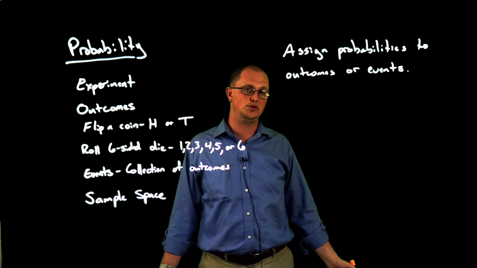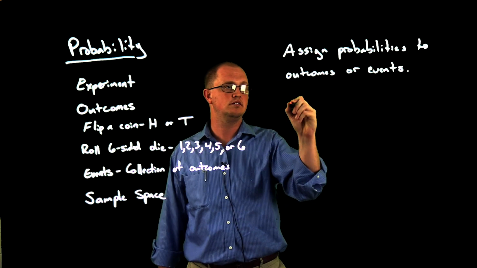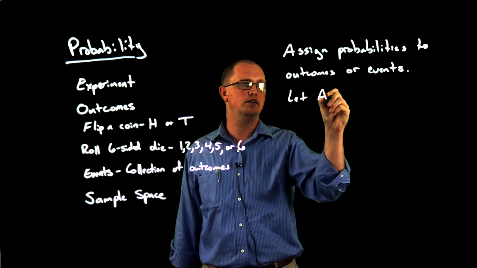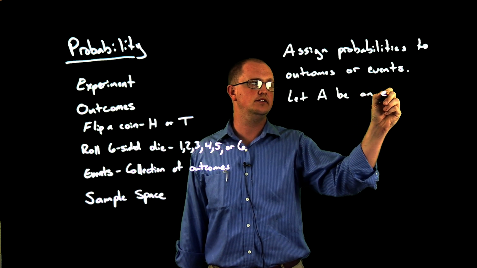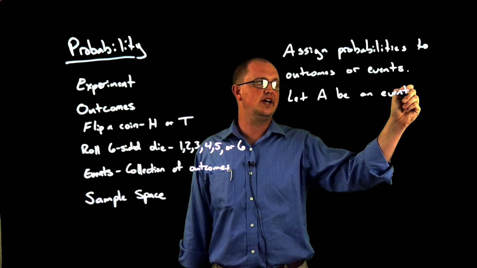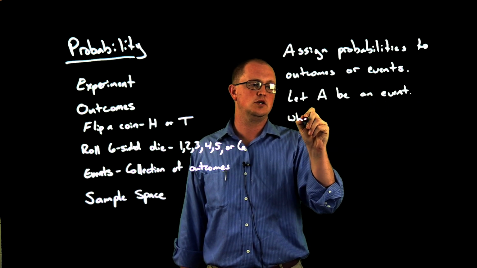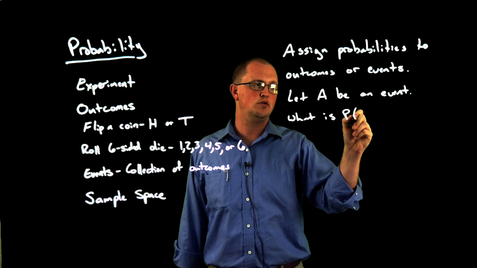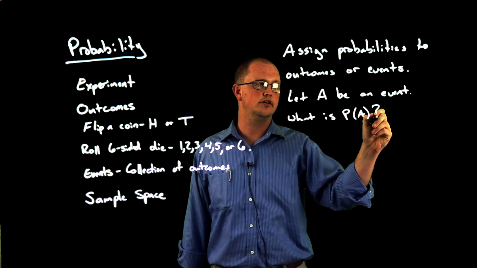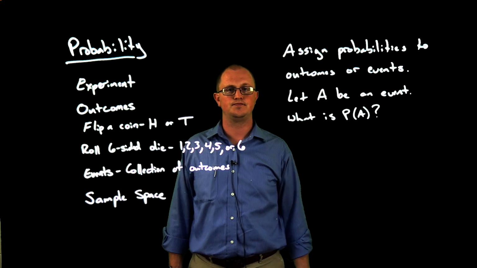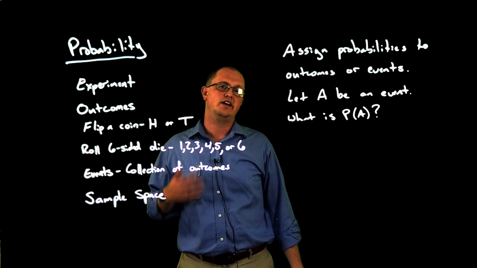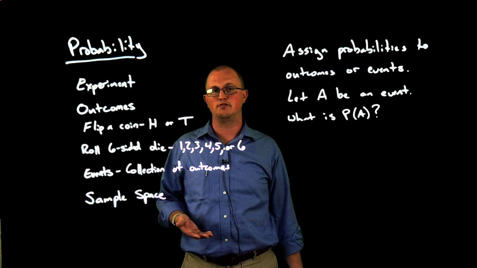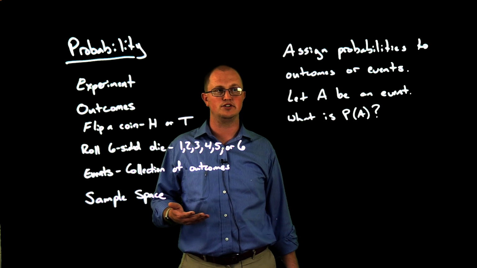And whenever we do that, we use the notation, let A be an event. Then we ask, what is the probability of A occurring? And in some cases, you may have heard talk of probability where you use percentages of something happening.